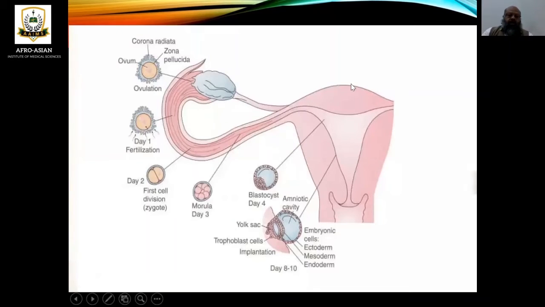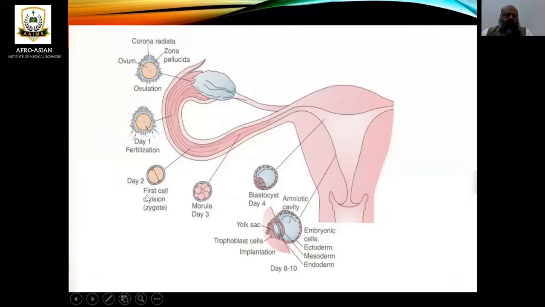If we look at this diagram, you can see the corona radiata. And this is at the time of ovulation, the ovum. Here you can see the fimbria. Then the first day of fertilization, you can see the sperm entering into the ovum.